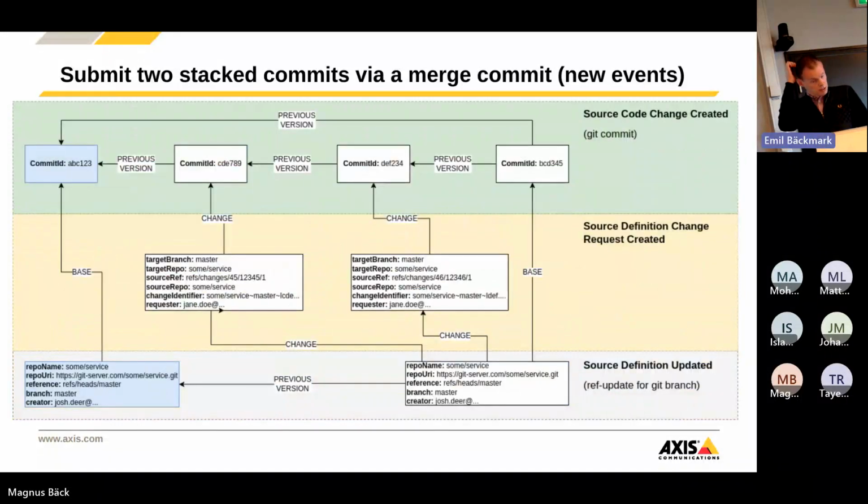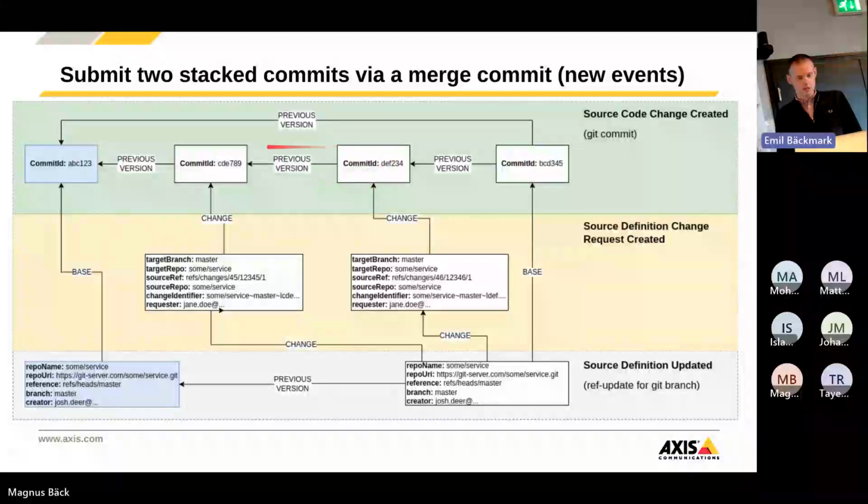So let's look at that obviousness. There are definitely more events in this model. So here we have, again, the old events. We have the stack of two commits. Both of those had change request events for them. And then we update the branch.